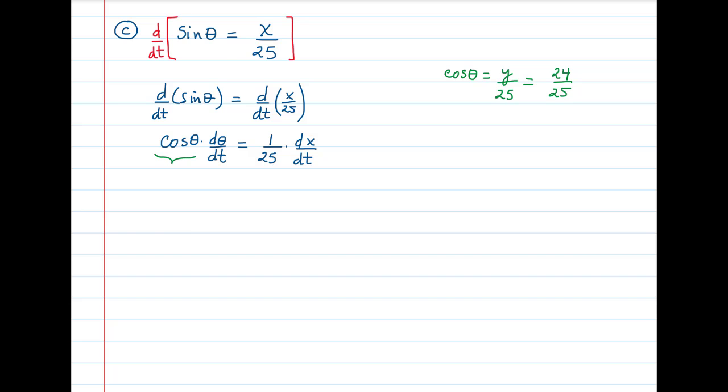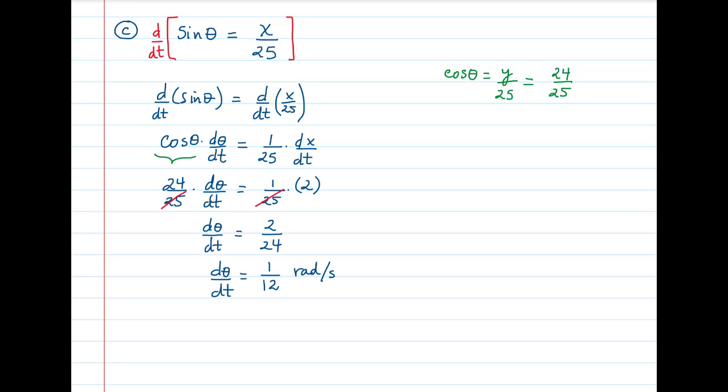Cosine is equal to y over 25, and since y is 24 when x is 7, cosine of theta is 24 over 25. So 24 over 25 times d theta/dt is equal to 1 over 25 times dx/dt, which is 2. We simplify, the 25s cancel out, solve for d theta/dt, moving the 24 to the other side, we get 2 over 24, so d theta/dt is equal to 1 over 12 radians per second.